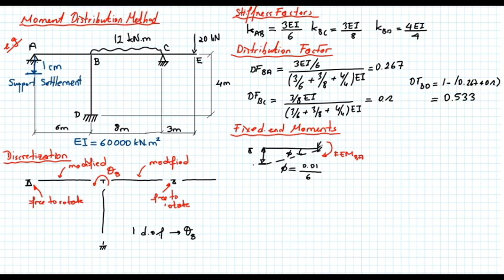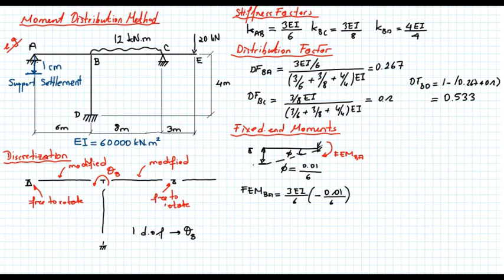Fixed end moment BA is equal to the modified equation 3EI divided by 6 multiplied by the phi angle itself, so minus 0.01 divided by 6.